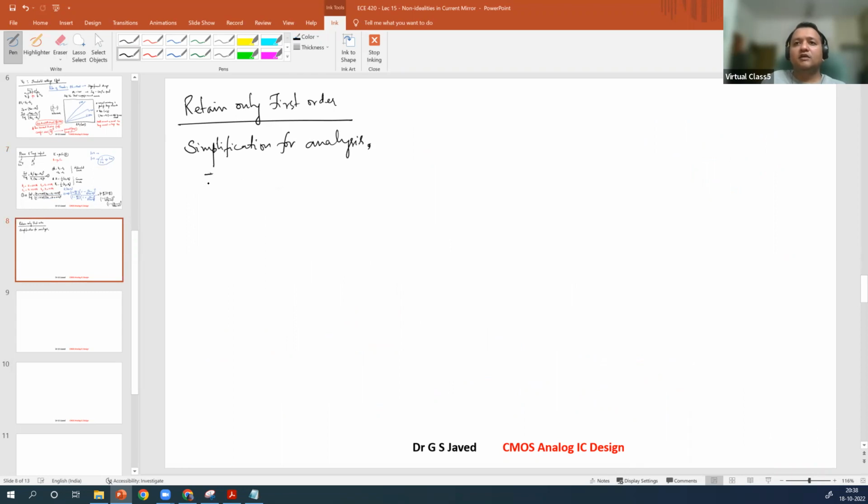You get Iout over Iref approximately that 1 into 1 will stay back as 1, and then you will have a delta k by k, that is delta k by 2k plus delta k by 2k becomes delta k by k. That you will multiply with only one VGST term. So that would be 2 Vt by Vgs minus Vt.